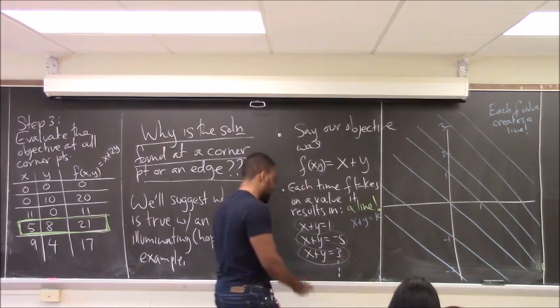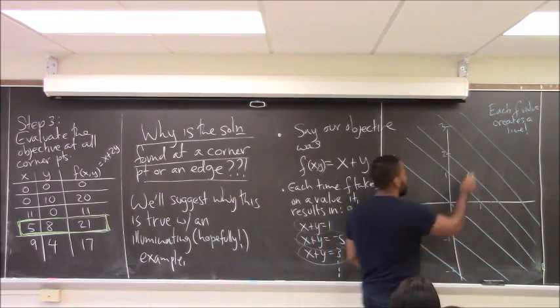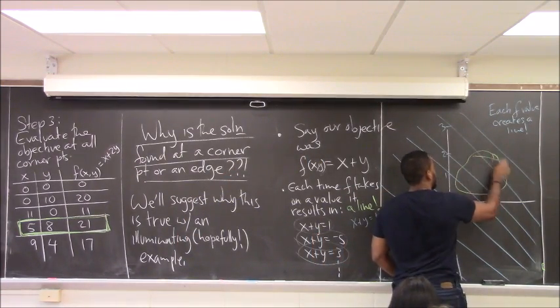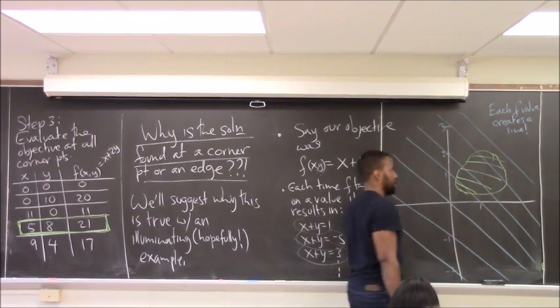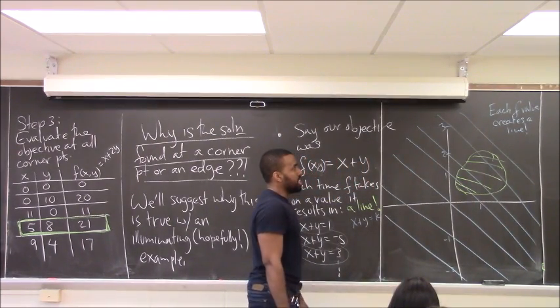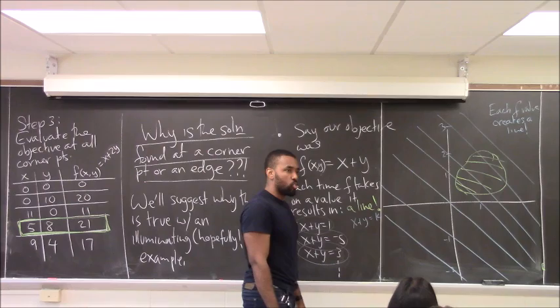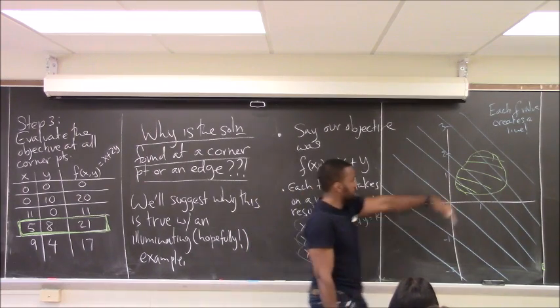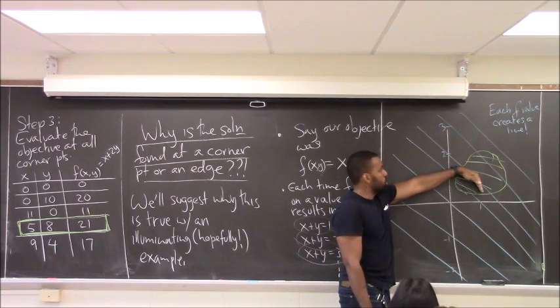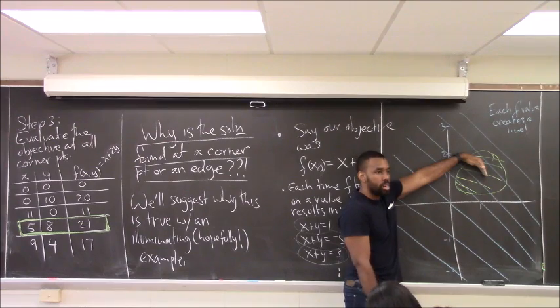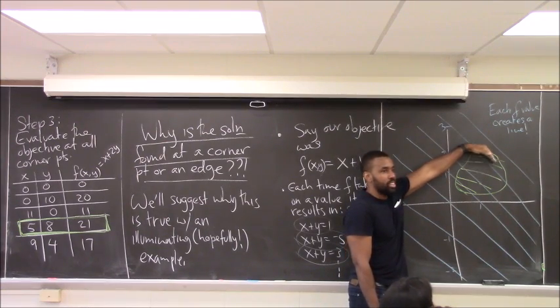Now imagine that there's a feasible region in this graph. If I want the line to have the largest value on that region, what am I going to do? Is it going to happen in the middle? Well, the answer is no, because I can just shift the line up and get a bigger value. And I can keep shifting the line up.